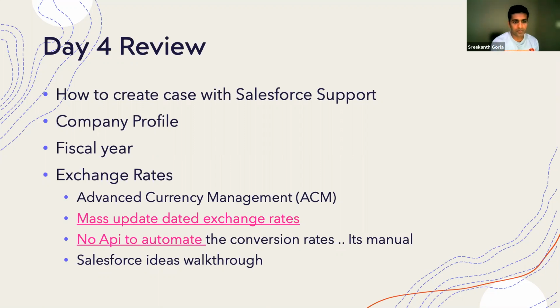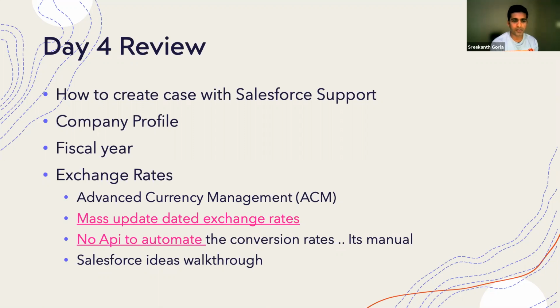And the company profile. We have seen how to set up the company locale, meaning the language and time zone settings. These are at the org level, so potentially you can adjust or override these settings at the user level. We have seen the fiscal year settings and the currency settings.